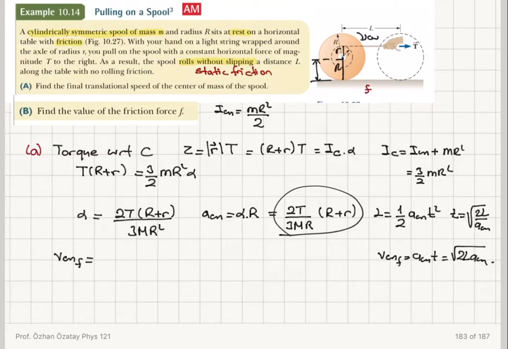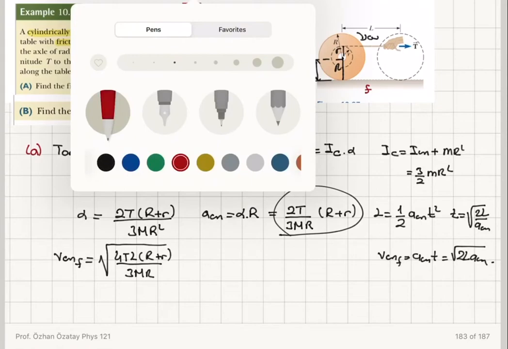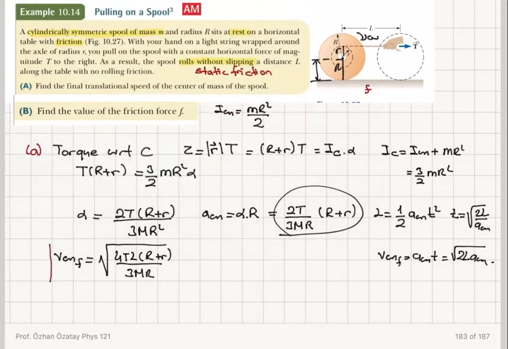So I substitute what I have for a center of mass here. The center of mass final velocity should be the square root of 4TL(R plus r) divided by 3m r.